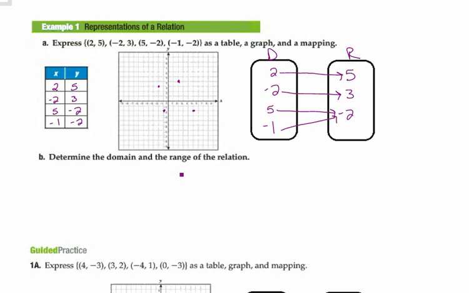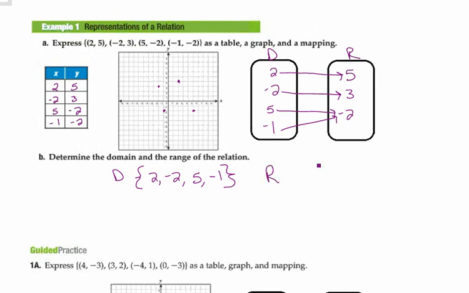Now we're supposed to determine the domain and range of this relation. Well, again, maps and tables work out very well. So we're going to say that the domain, and I shouldn't use a parenthesis because this is actually a set, so we have to use that type of bracket, is {2, -2, 5, -1}.